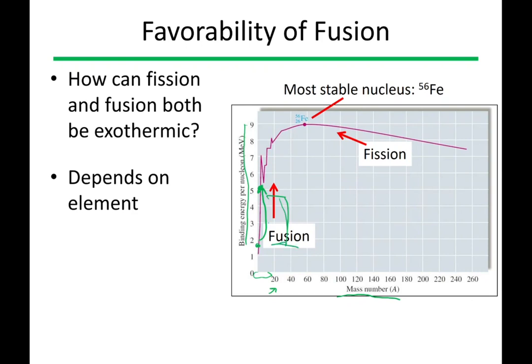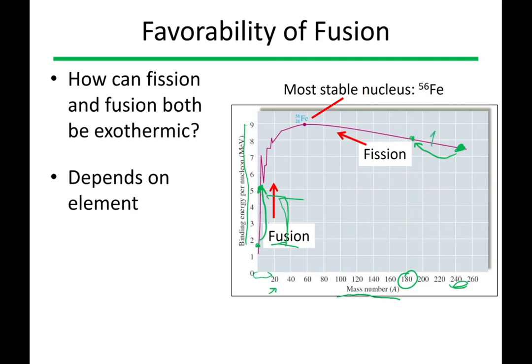So this difference here, right, is energy that can be released as an exothermic reaction. Similarly, if we have something that's really heavy with a high mass number, and we split it up into smaller components, there's also a difference in binding energy that goes up.